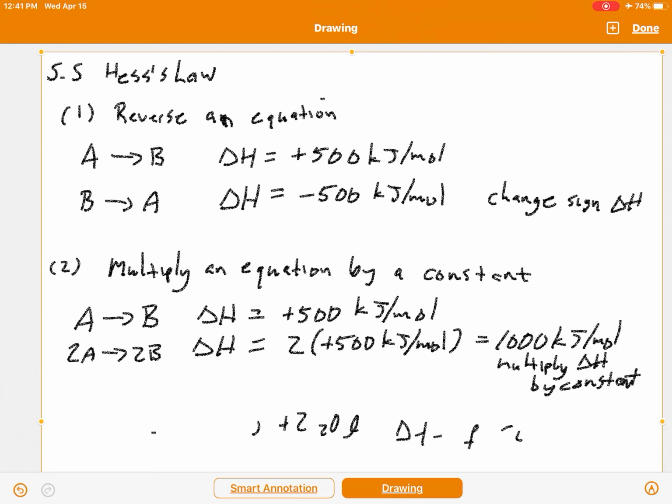Okay? Now, that also goes for fractions. So for example, if I now multiplied this one here by half, 1/2 A goes to 1/2 B. Well, you'd multiply delta H by half. And it would be 250.